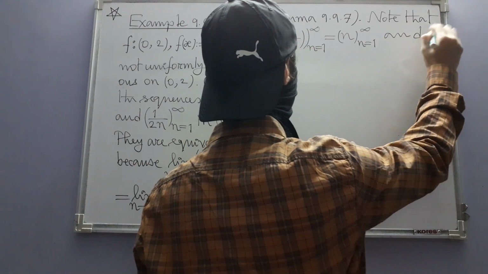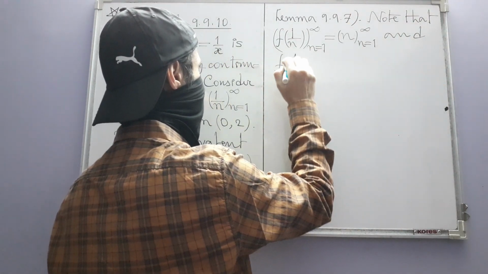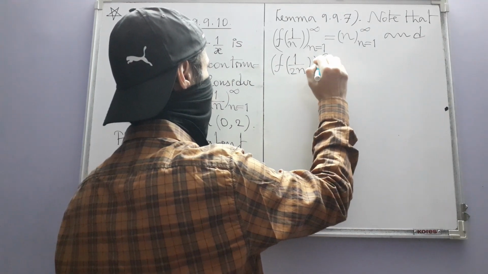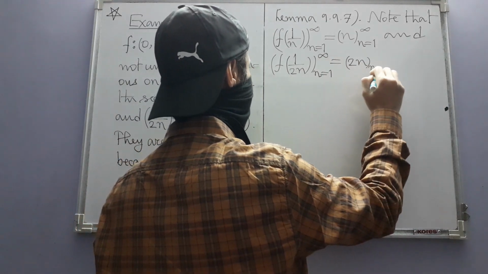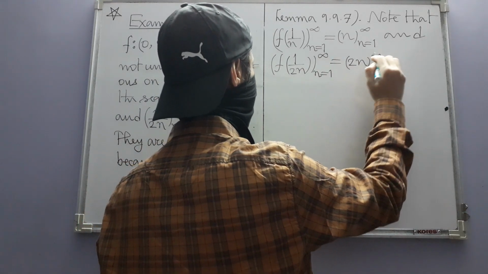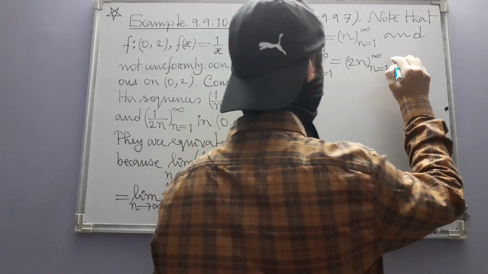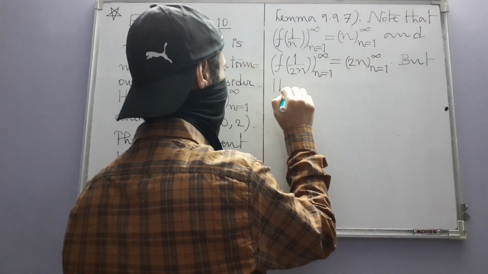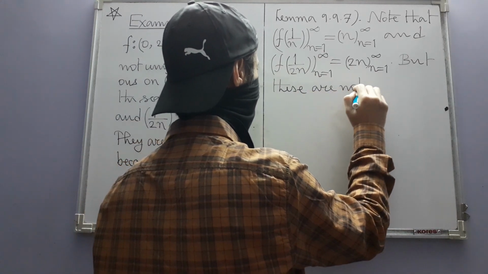And similarly, f of 1 over 2n is the sequence of all positive even integers. But these two sequences are not equivalent.